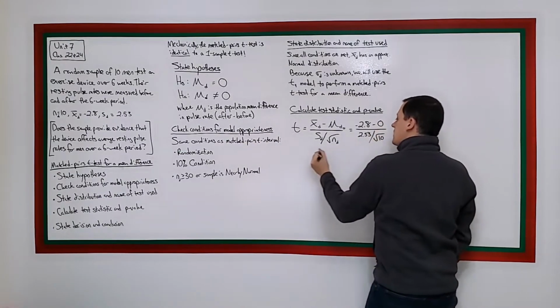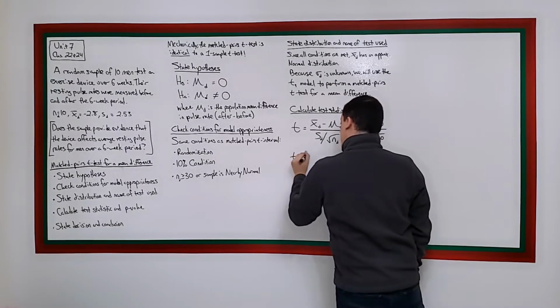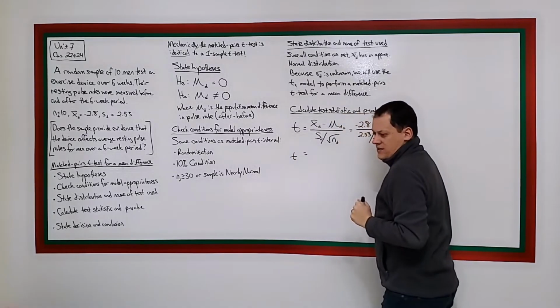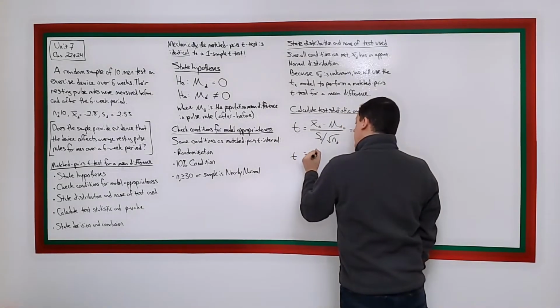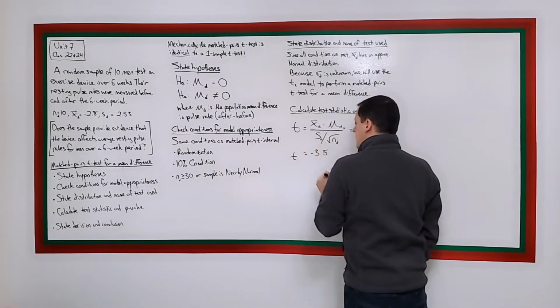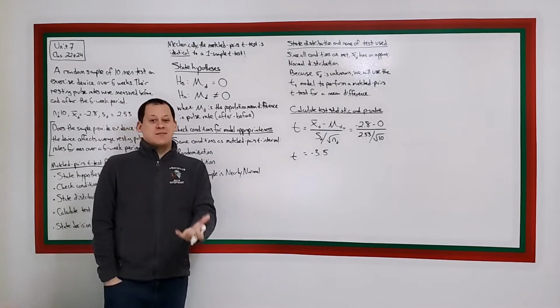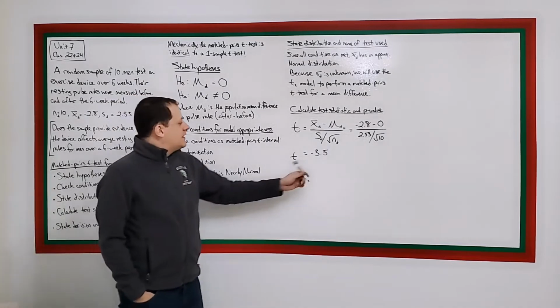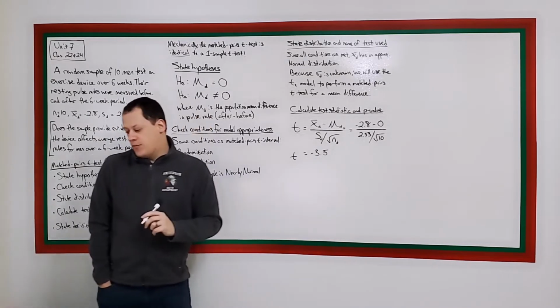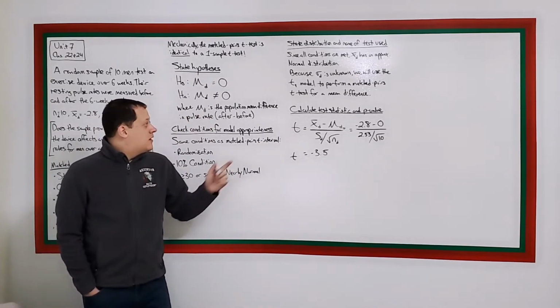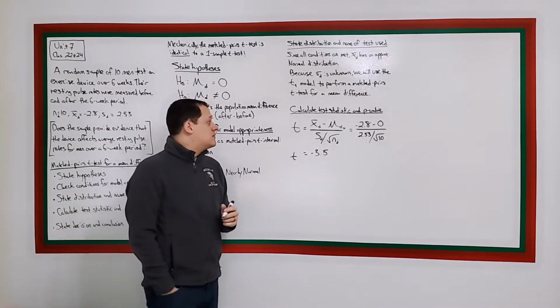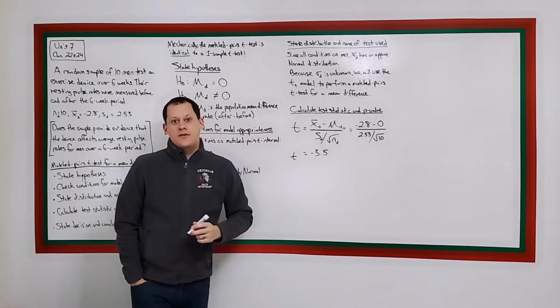And that is going to give us t equals negative 3.5. And I may have rounded quite a bit to get that answer, so if you got something somewhat different there, it should be pretty close to negative 3.5. That's our test statistic. So we still need to be able to find our p-value here.